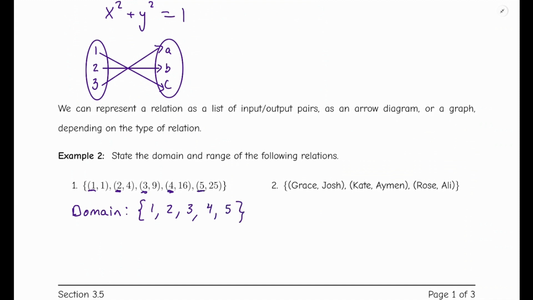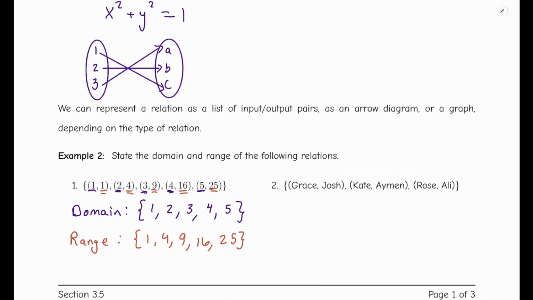That is the domain of this relation. And then for the range, we have 1, 4, 9, 16, and 25.